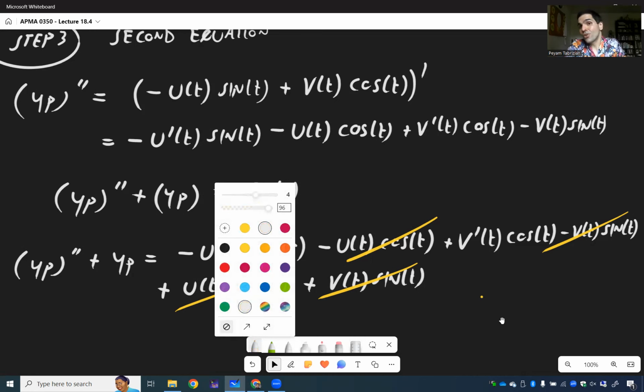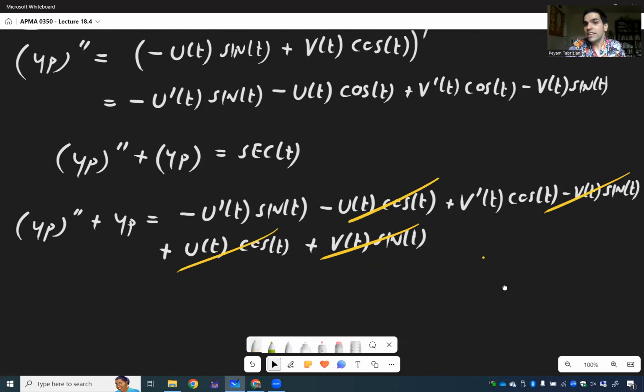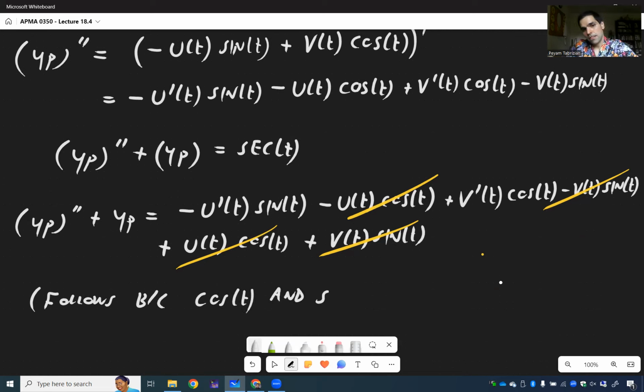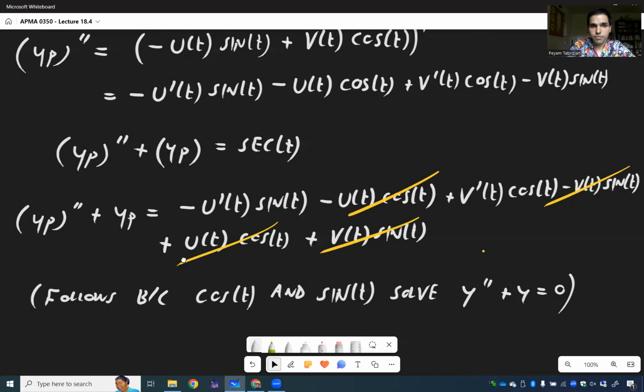Now, this is quite amazing, but really it follows because cosine and sine are homogeneous solutions. So because cosine of t and sine of t solve y double prime plus y equals 0, if you really wanted to do it generally.